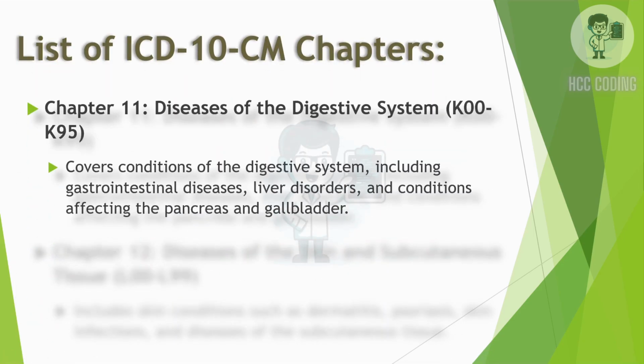And coming to chapter 11, this is of the digestive system, where the code category starts from K00 to K95, which covers all digestive system disorders, that might be gastrointestinal diseases, liver disorders, and conditions affecting the pancreas and the gallbladder.